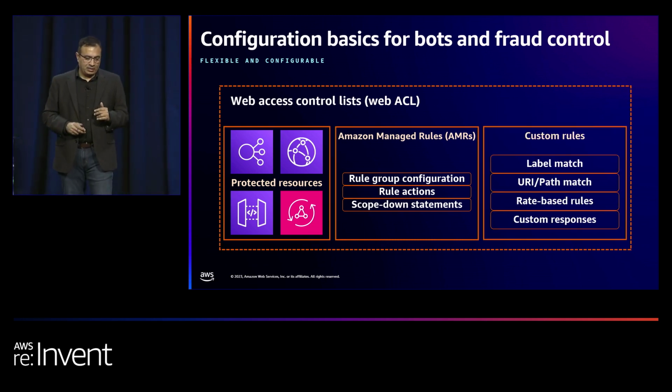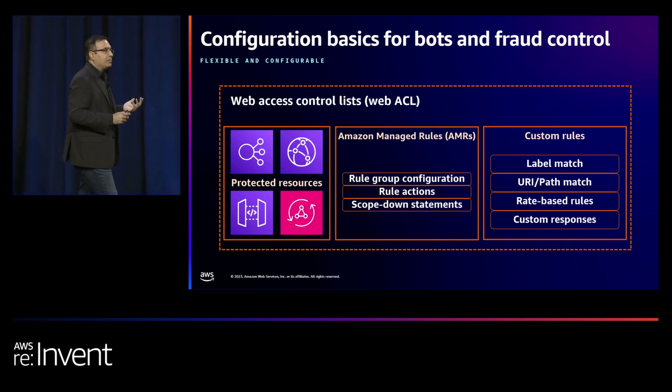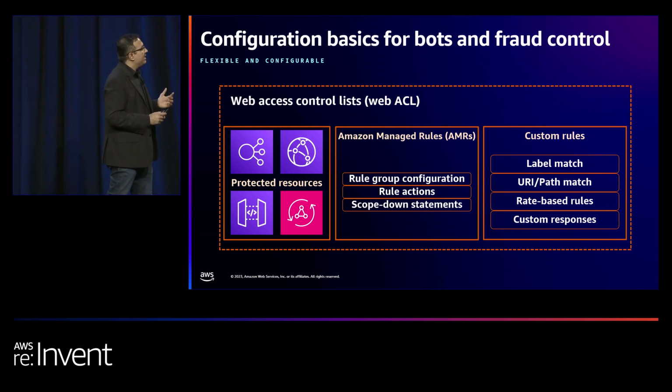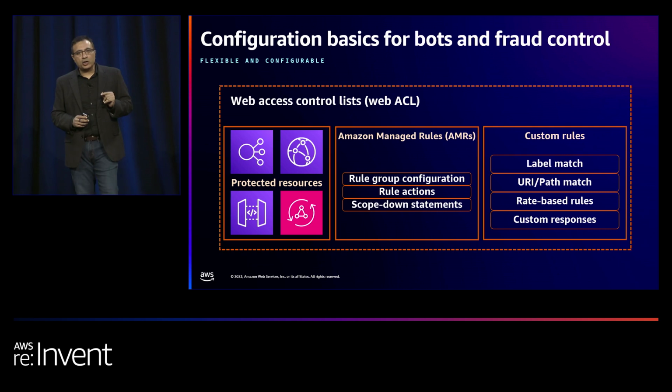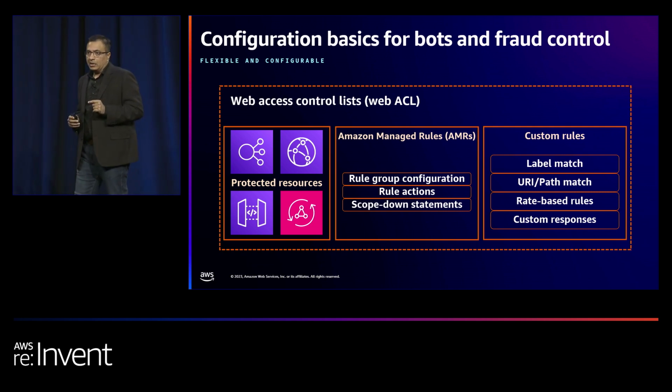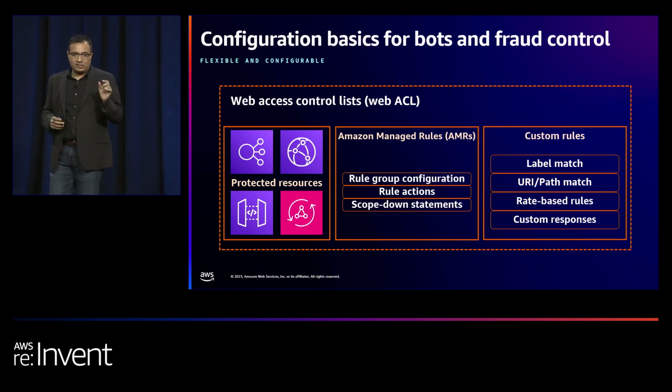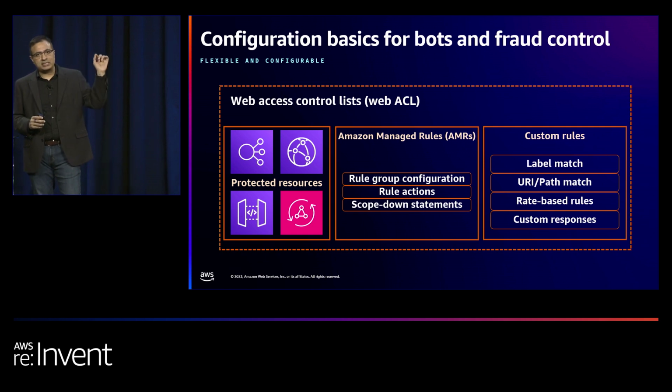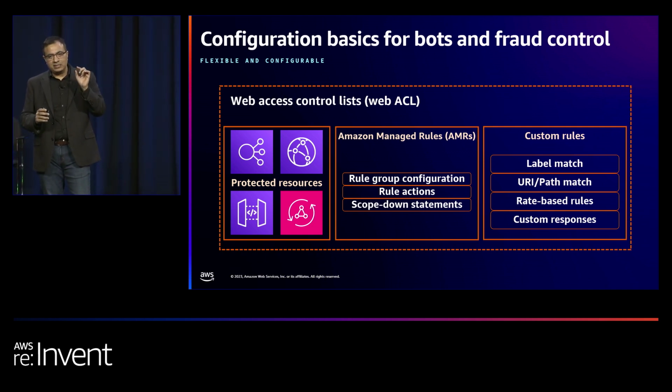Then in the same WebACL, custom rules can be created. One of the concepts I'm going to talk about here is labels. Labels are like tags. So when AWS WAF processes a request, it tags the request stream with a string, which we call the label.